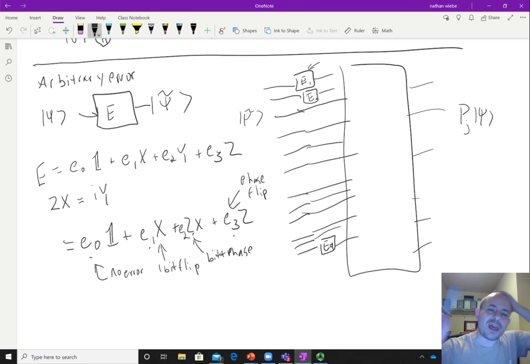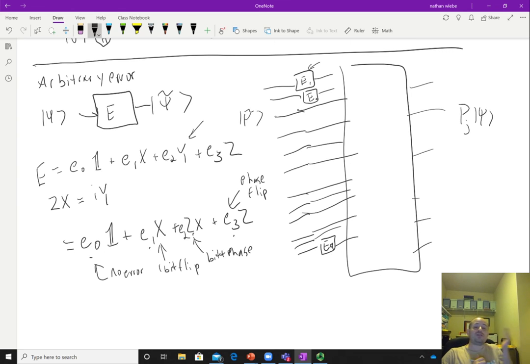However, if we have a circuit that can correct any arbitrary error of this form, and we have a probabilistic mixture of them, then the circuit will do just as good a job correcting a random choice of E1, E2, E3, and E0. What that means is that we can use this to correct more generic errors.